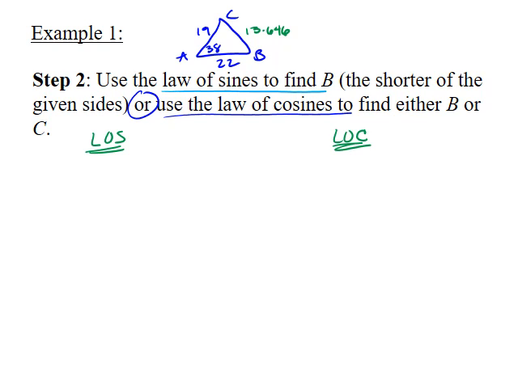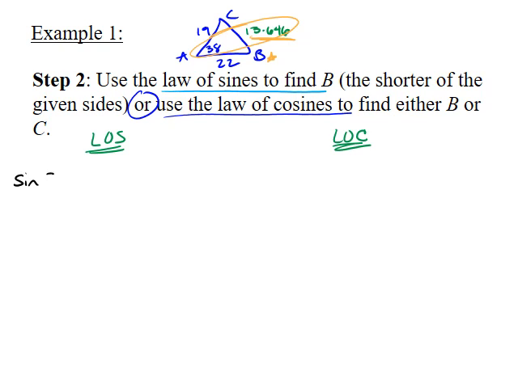So the law of sines, I would have to use what I just found for the side of A, and I'll want to try to not use the approximated value. Otherwise, the angle that I find for B will be maybe off due to rounding.